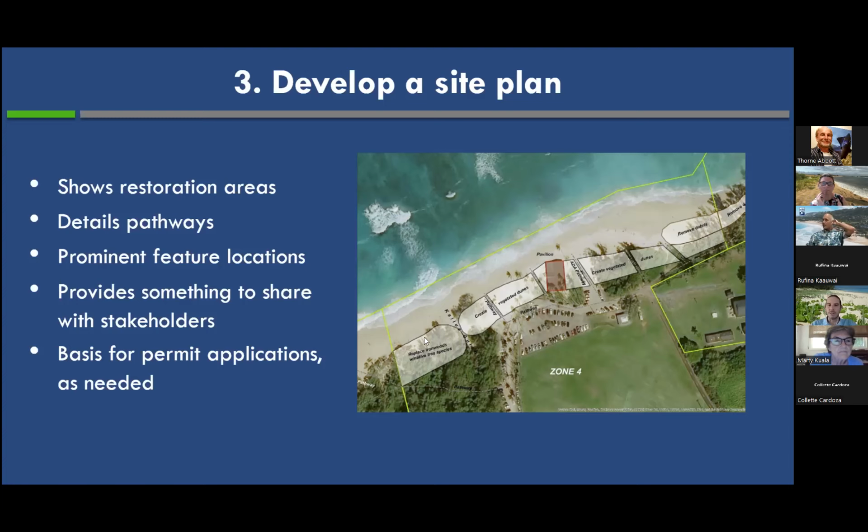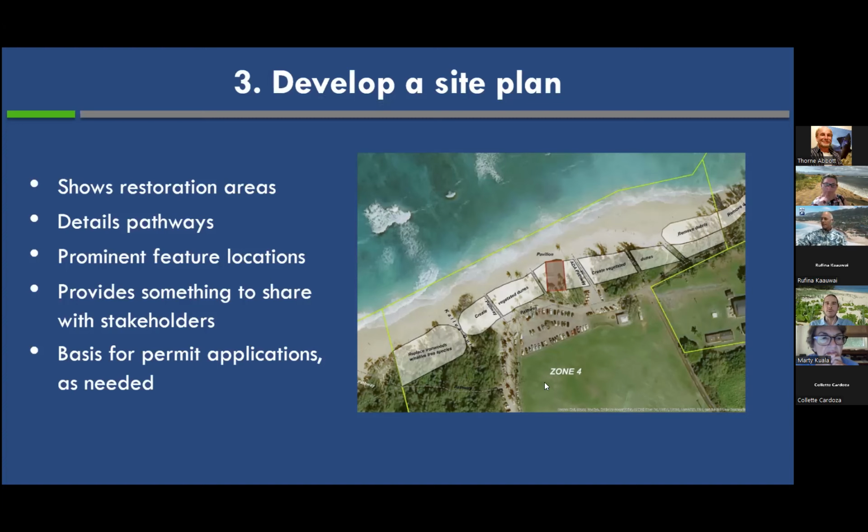It shows the different restoration areas, outlines them, details the pathways, shows prominent features like streams or beach parking or whatever. And it also provides something that you can share with those stakeholders that you're engaging with. Allows them to provide feedback and say, oh, hey, maybe you should consider another pathway over here, or fishermen like to use this particular area, maybe you should consider that.